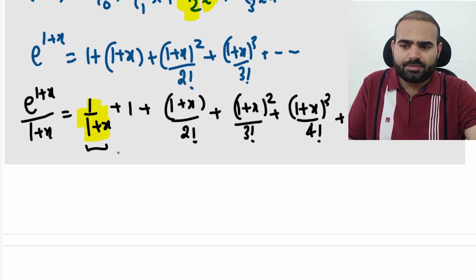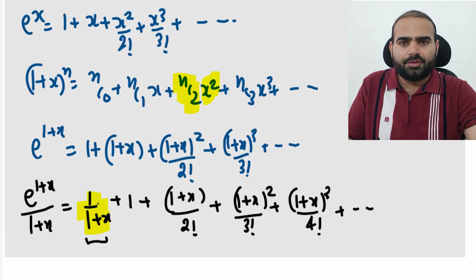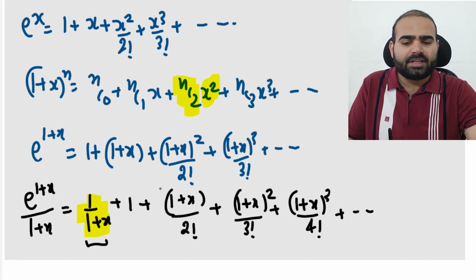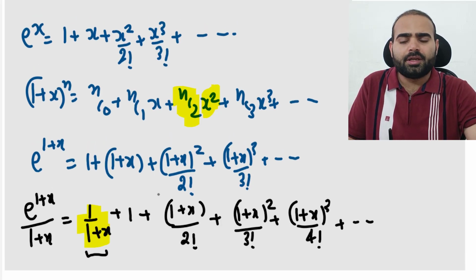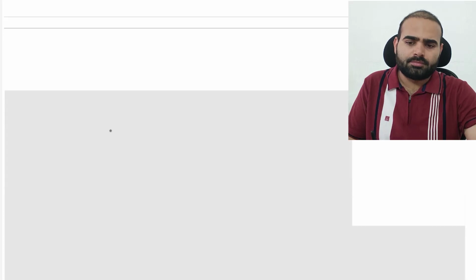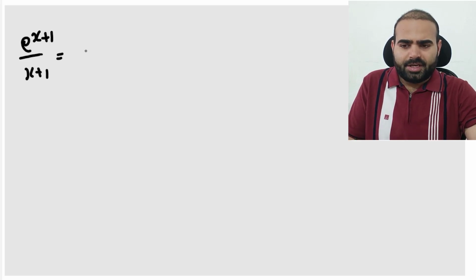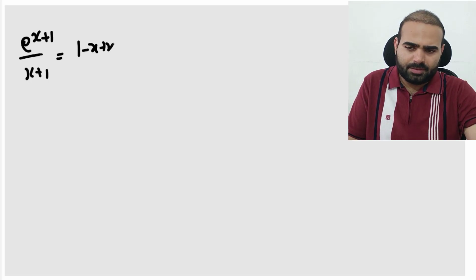Okay. Now, what is the use of it? You can notice this term here. Now I'll write the coefficient of x square, and that will produce my A on the right hand side. Let me write this one more time. So we have 1 upon x, e power x plus 1 upon (x plus 1) is equal to, expanding that, 1 upon (1 plus x), which is (1 plus x) power minus 1, that is 1 minus x plus x square minus x cube.